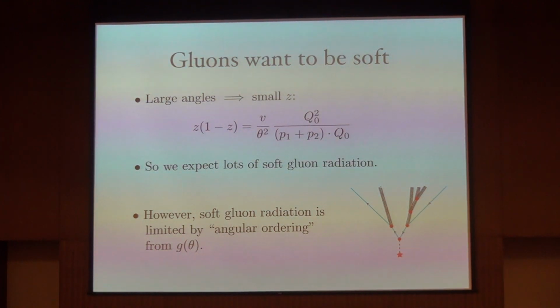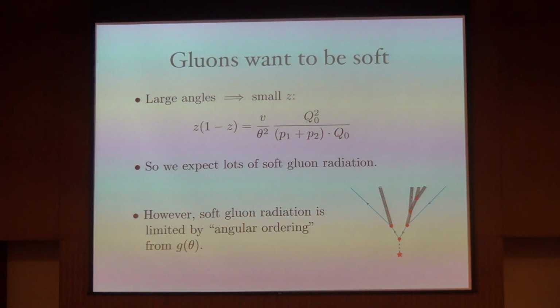So the fact that there's a d theta squared over theta squared distribution means that large thetas are important up till you get to this sort of cutoff from where the angle of the color-connected partner is. So large theta is important means small z's are important.